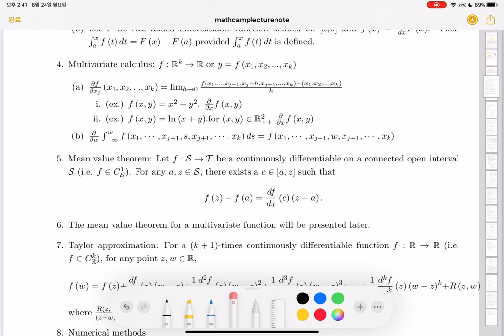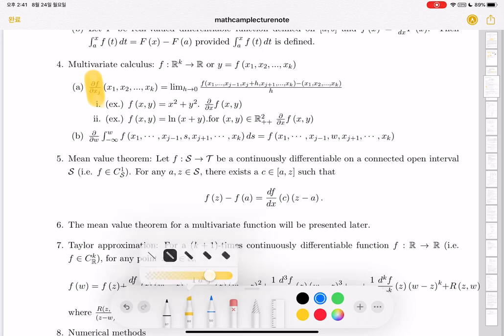Multivariate calculus. When you do multivariate calculus, you are using this notation. It's called the partial derivative. So, for example, here you have a k-variate function f.